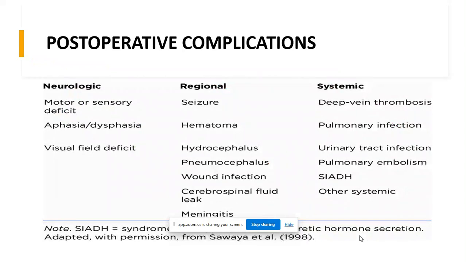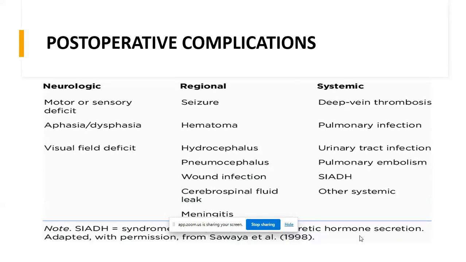Post-operative complications after supratentorial brain tumor surgeries can range from mild to severe, affecting both neurological functions and overall health. In the major complications, we have bleeding, hematomas, cerebral edema, and seizures.